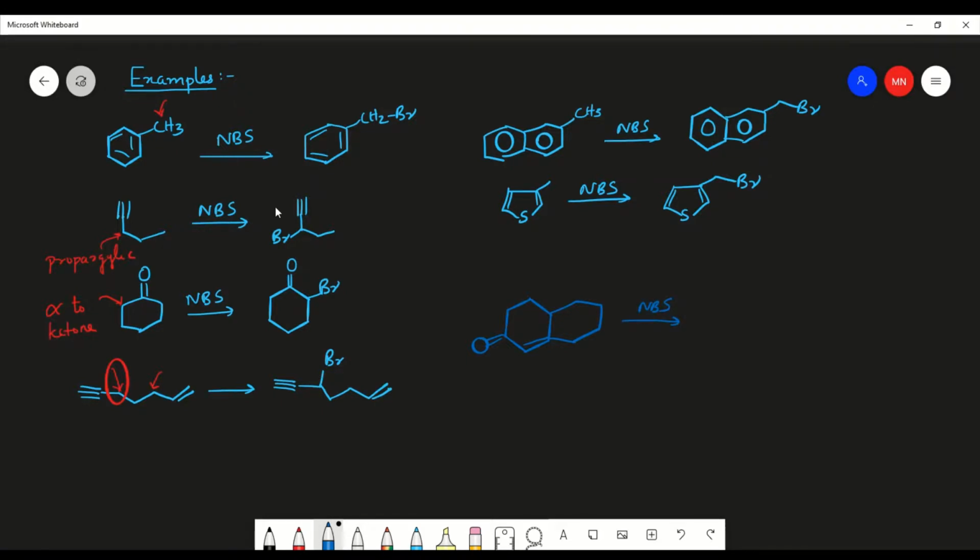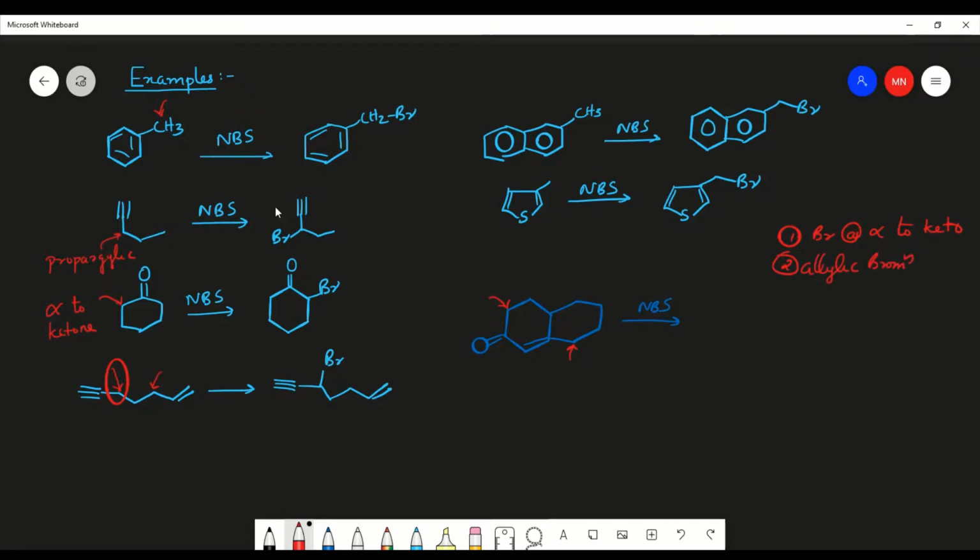As we discussed earlier, there is a possibility of bromination at the alpha to keto position. That means this is a keto group. Here alpha to keto position bromination possibility is there. Second possibility is that this is a double bond and this is the allylic position. That means allylic bromination.